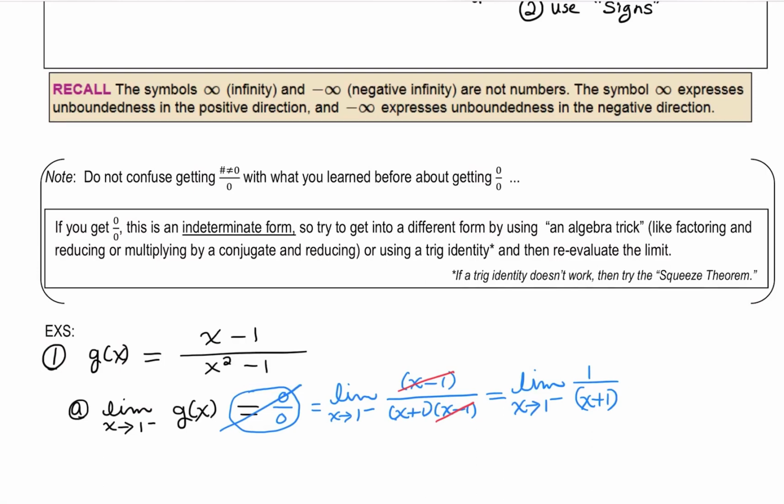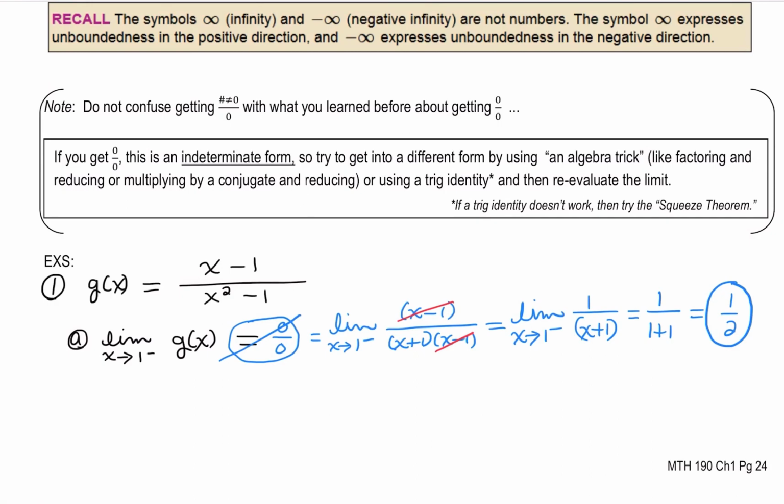So you have changed what that function is, but that's okay because the limits are equal, and that tells us where that hole was. And so this limit now, I can reevaluate with direct substitution, and I just get a half. And remember, left limit, right limit doesn't matter. If you can evaluate the overall limit, then it's the same approach in those kinds of situations.